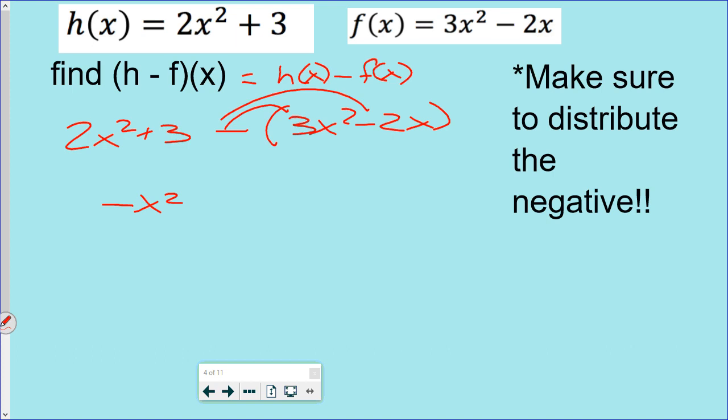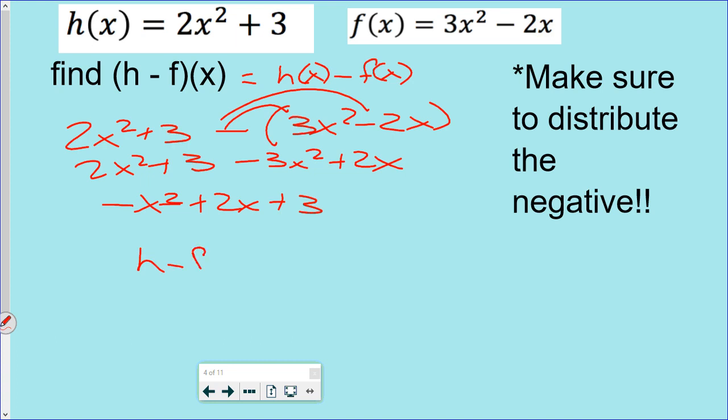Then we would have a plus 2x plus 3. If you need to write out the steps separately, so minus 3x squared plus 2x, that's fine. We want to write it in what's called standard form, so in decreasing powers. So my new function is h minus f of x equals, oh, my board just died.